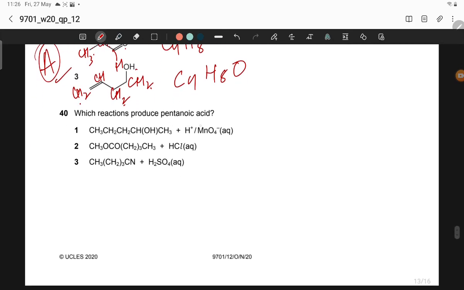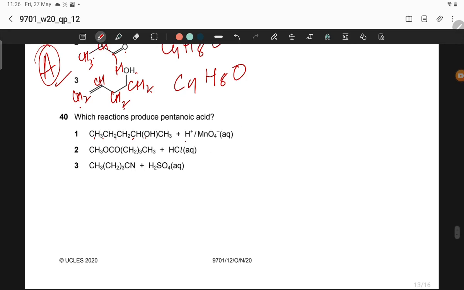Question number 40. Which reactions produce pentanoic acid? This is not correct because this formula, CH3, CH2, CH2, CH, is a ketone that is formed.